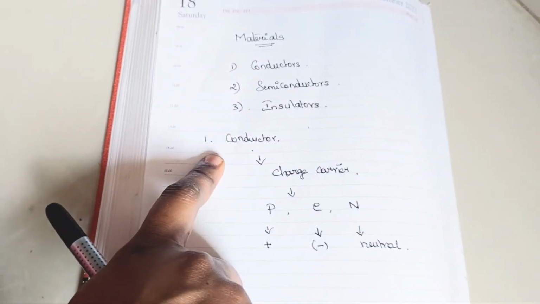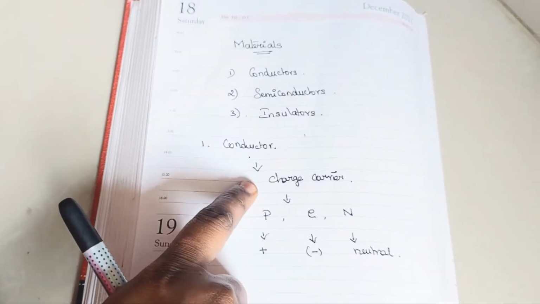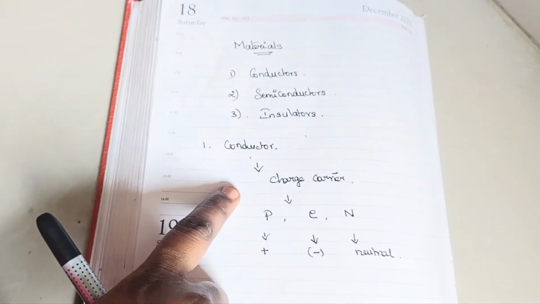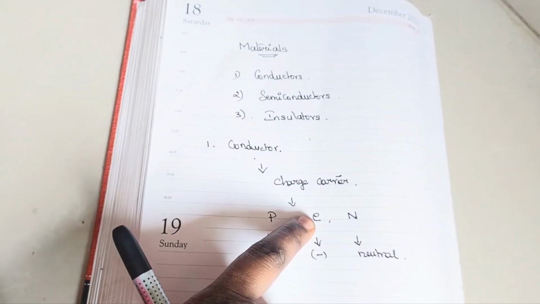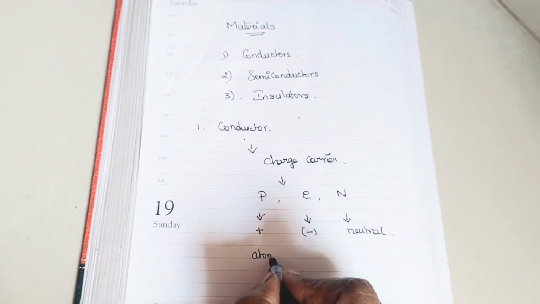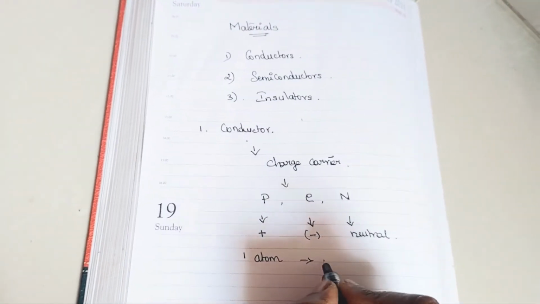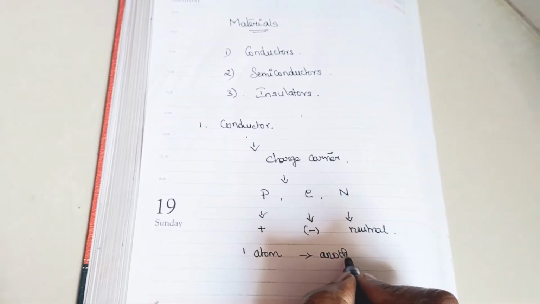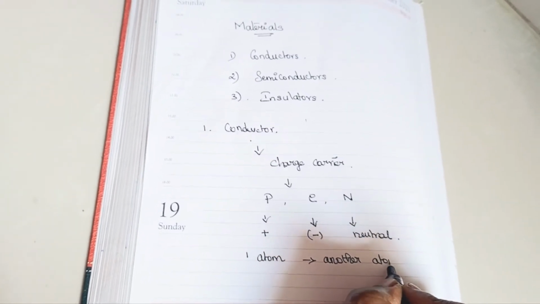In a conductor, the material allows the charge carriers to flow from one atom to another atom. That's why it is called a conductor.